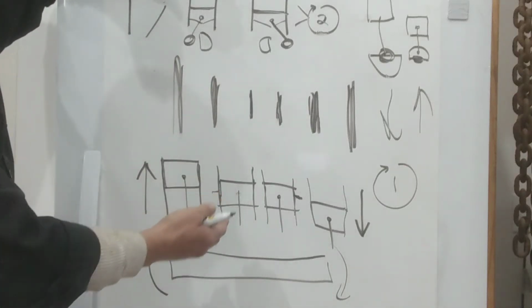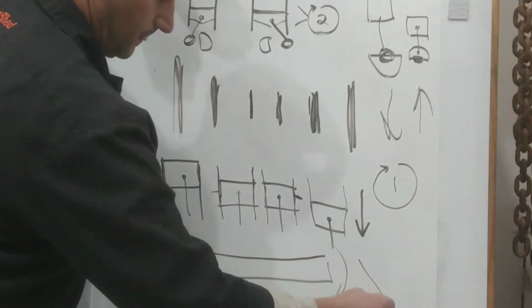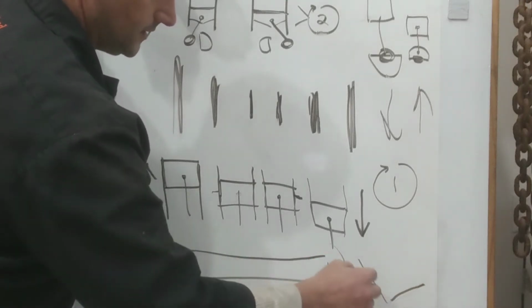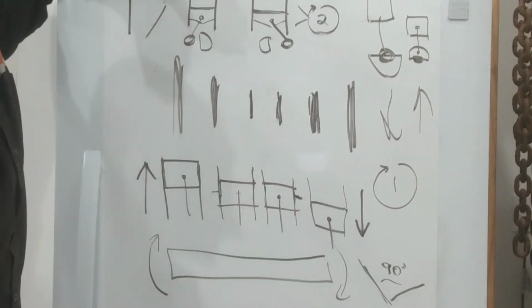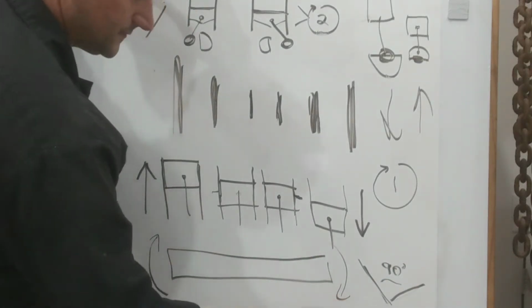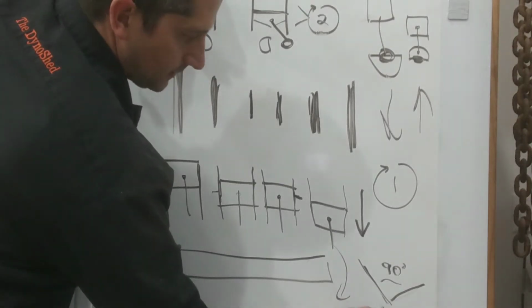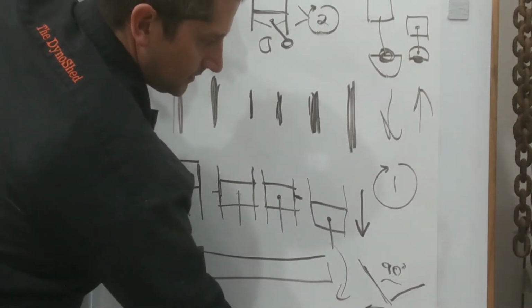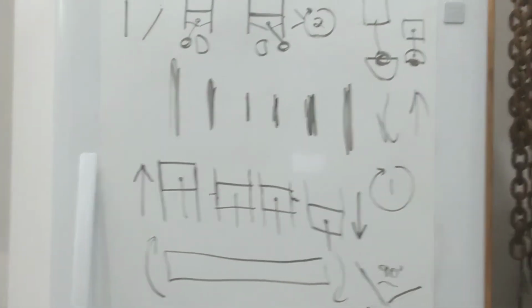Now, this is all vertical. We're dealing with a 90-degree V8. So now you have a motion that's going like this and like that. Back it up again.